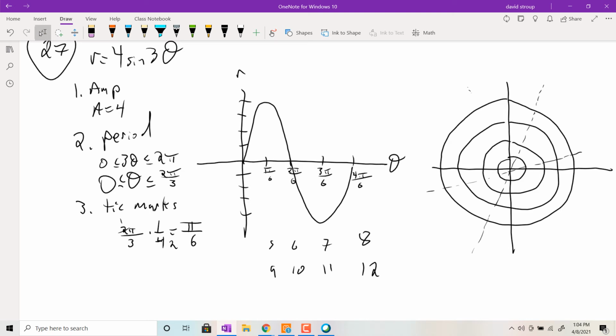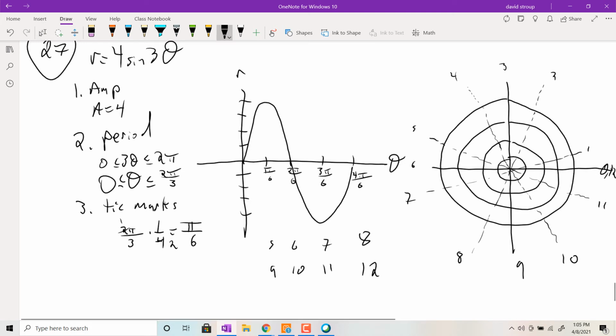And then 3 pi over 6. 4 pi over 6 is 2 pi over 3. 5 pi over 6. And then we should be good enough, right? So 1 pi over 6, 2, 3, 4, 5, 6, 7 pi over 6, 8, 9, 10, 11, and then this will be 0 and 12.